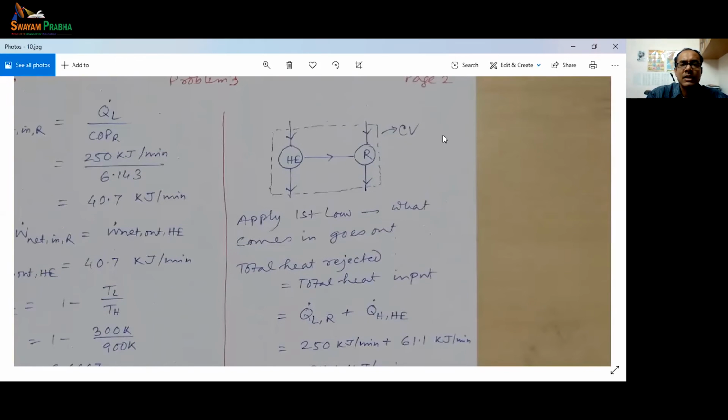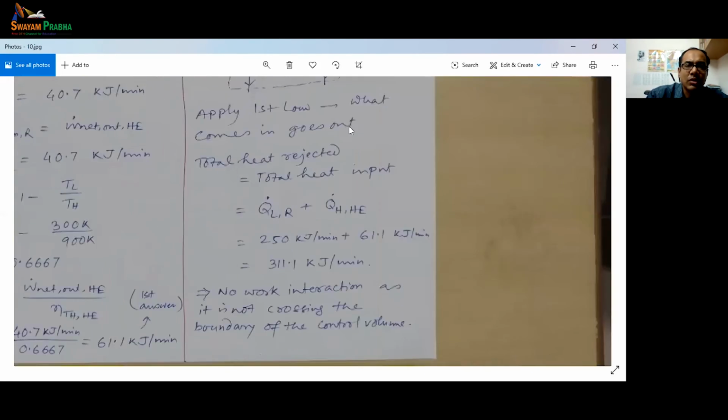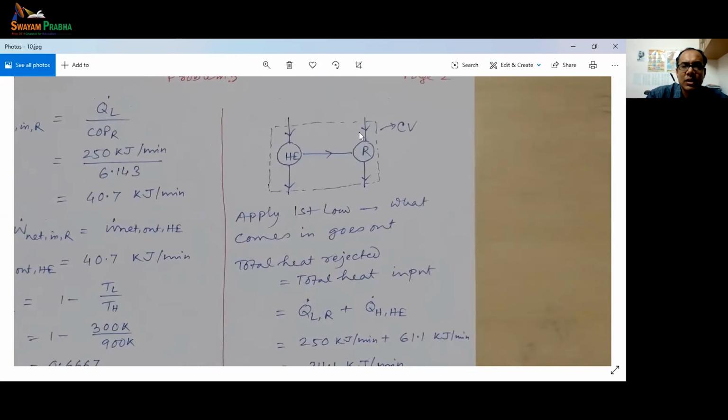Now the second one asks what is the total heat that you are rejecting to the environment, which is at 300 Kelvin. Now we don't have to go to the individual contribution. What we can do, we can take a control volume which covers both the heat engine as well as the refrigerator.